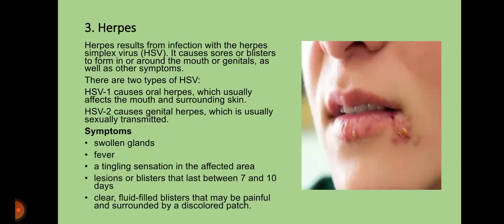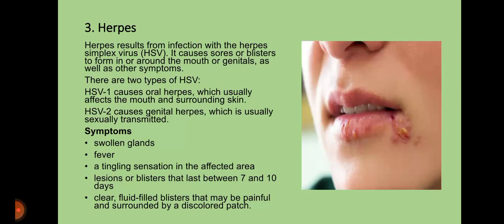And the third common skin infection here is herpes. Herpes results from infection with the herpes simplex virus, or HSV. It causes sores or blisters to form in or around the mouth or genitals, as well as other symptoms.